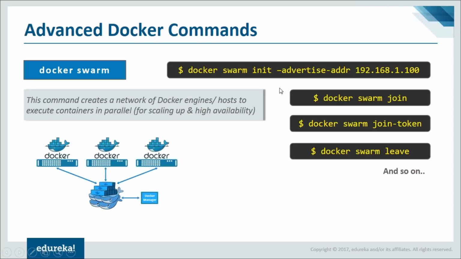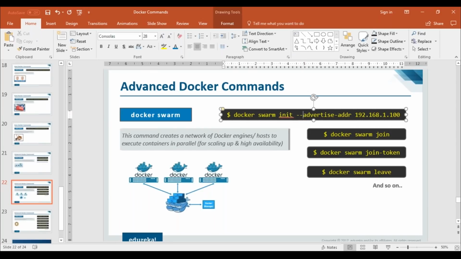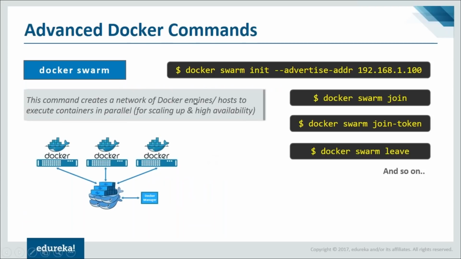If you want to first of all start off creating a Docker Swarm, then you use this command, docker swarm init, and you say advertise, and then you have 192.168.1.100. It's supposed to be two hyphens over here. Okay, yeah, so this is how the syntax is supposed to be: docker swarm init --advertise-addr, and then you have to specify the IP address of your manager machine.